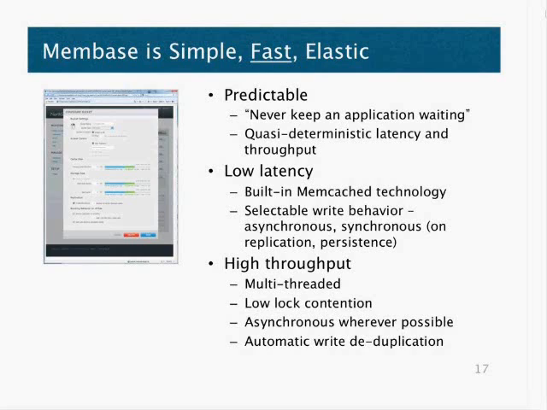Now, I/O throughput is typically one of the bottlenecks in the cloud environment, and what we achieve by write deduplication is that the incoming I/O load through the network does not need to equal the write throughput to disk. This is achieved by basically, if the same key gets updated in short succession, only the latest value will be persisted to disk.